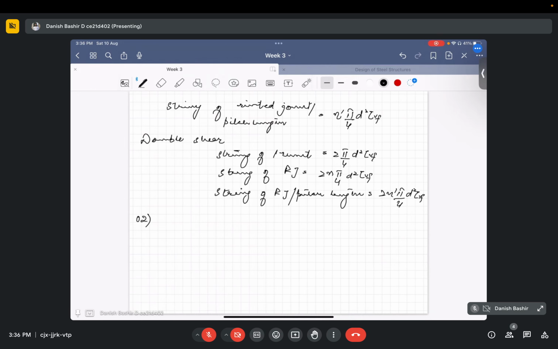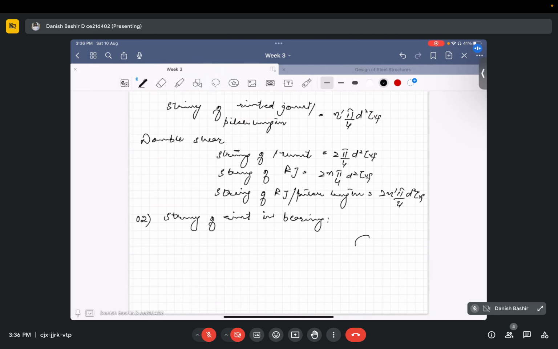So the strength of rivet in bearing. In bearing we have to see the strength of the rivet as well. So what is the bearing strength? It is actually the force that can be exerted on the rivet by the section through which it passes.